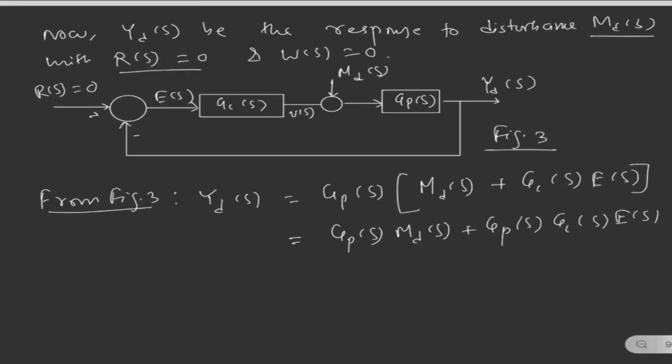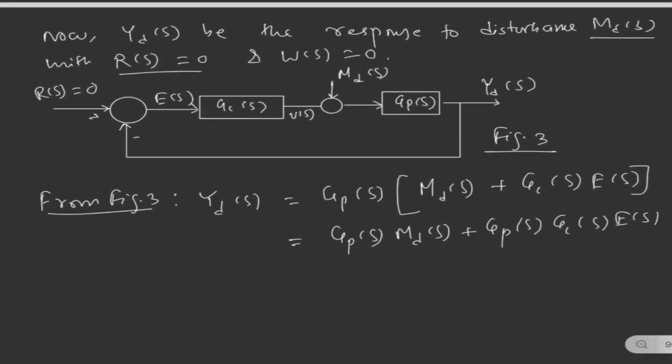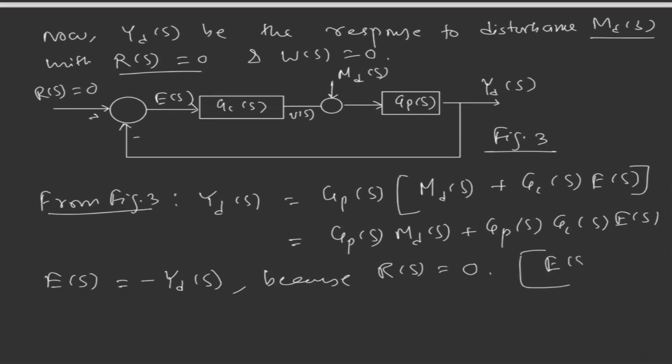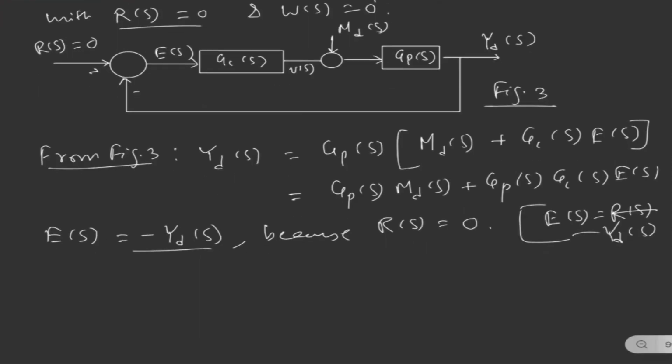If you notice here, E(s) we can write as minus Y_D(s), because R(s) is assumed to be 0 here; we know E(s) is R(s) minus Y_D(s). So here R(s) is 0, so it's only minus Y_D(s).